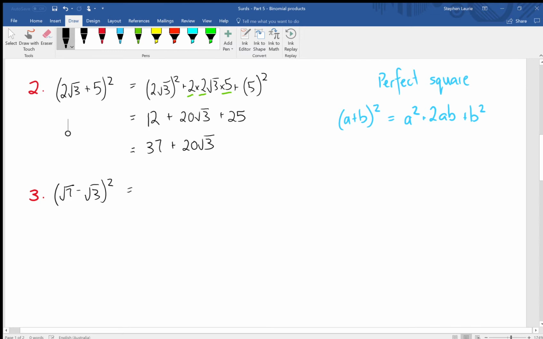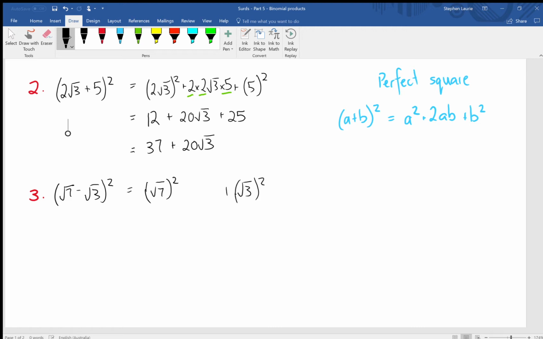We have the first term, which is the square root of 7 squared. We have the second term, which is the square root of 3 squared. And in the middle, we have 2 lots of root 7 and root 3.